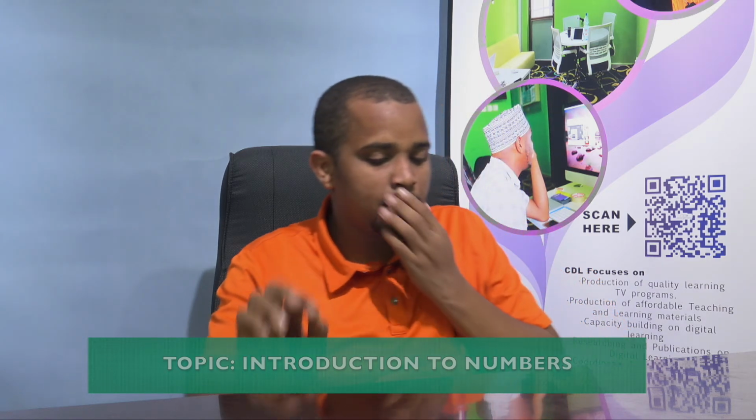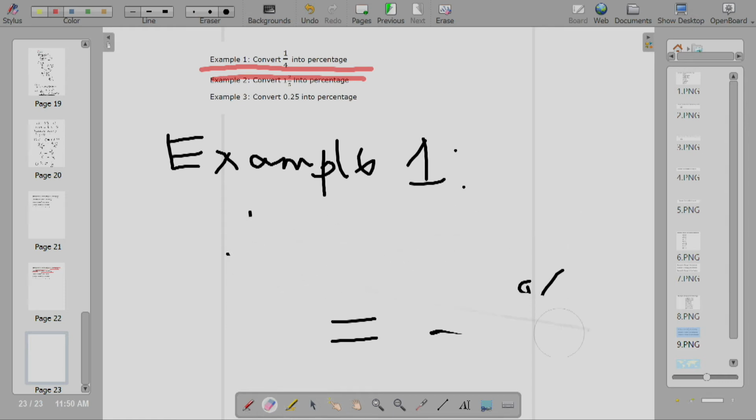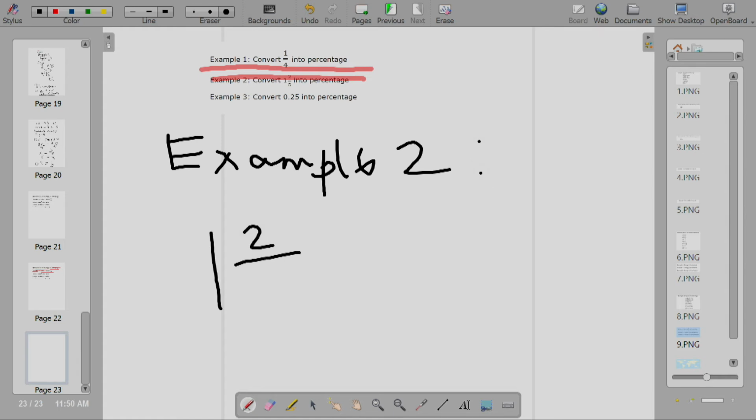Let's move to example 2, in which we are required to convert this mixed fraction into a percentage.